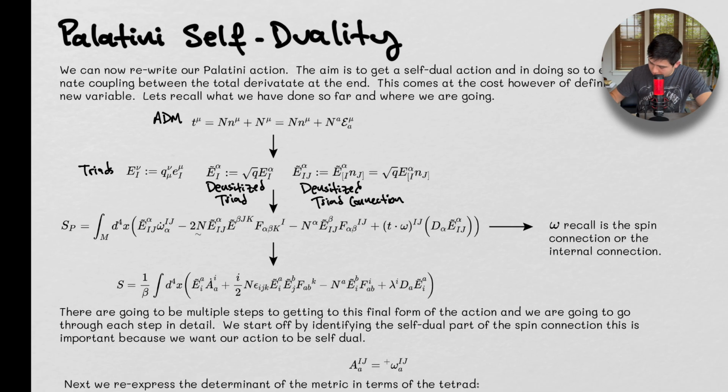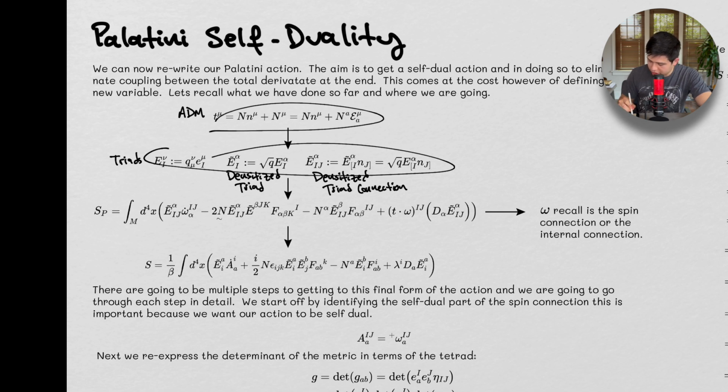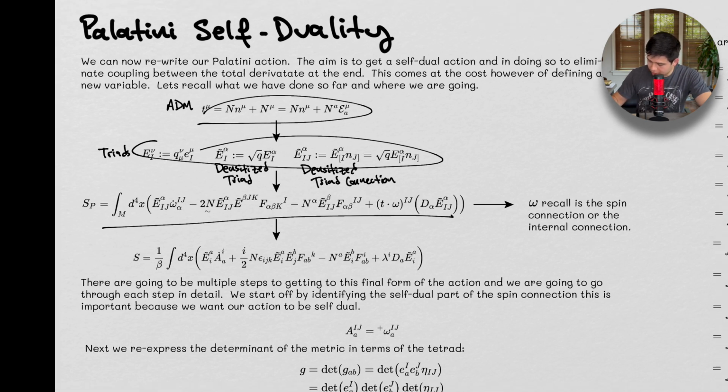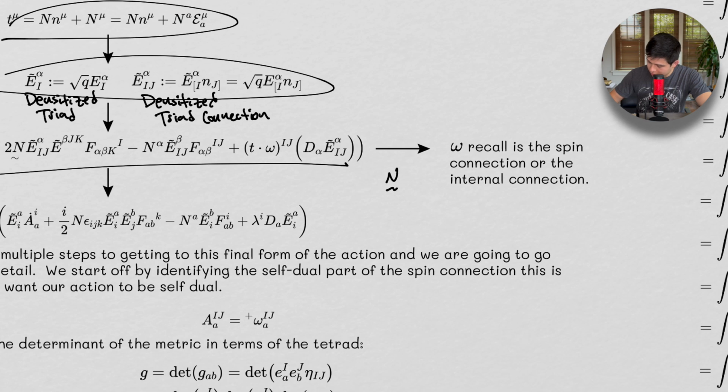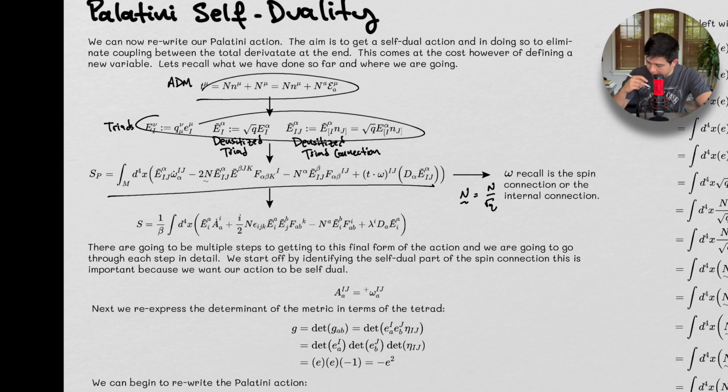All of these things we defined. This, along with our Palatini action, gave us something that looked like that. And with N, recall, being N over the square root of q, we ended up here.